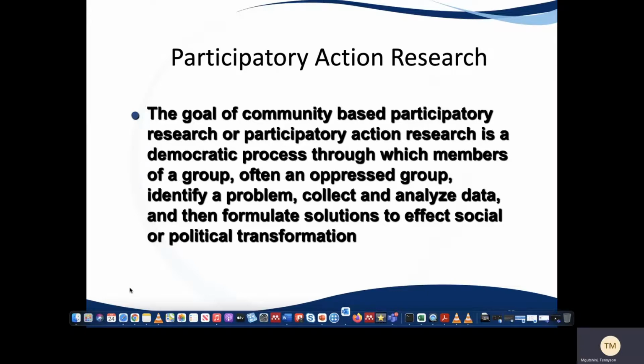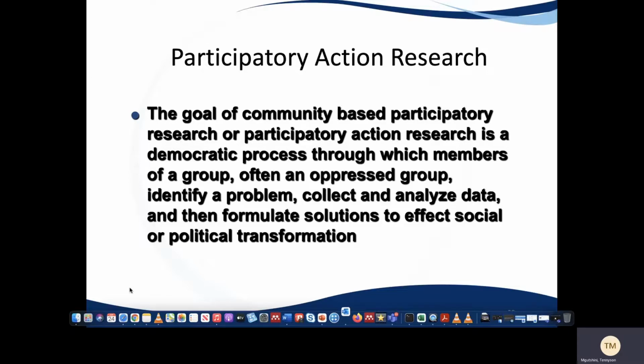This is a fairly new type of research, and really the goal of it is to engage those people who are affected by your phenomena of interest in some democratic process through which they, as members of the group, will identify a problem, collect and analyze the data relating to that problem, and then formulate solutions to effect social or political transformation. So, as you see, there's the word participatory, which involves participation, then there's action, and then there's research.